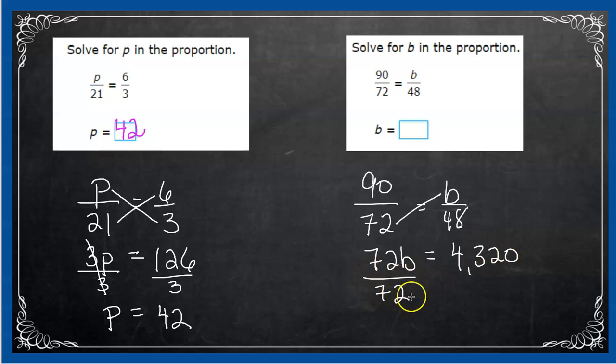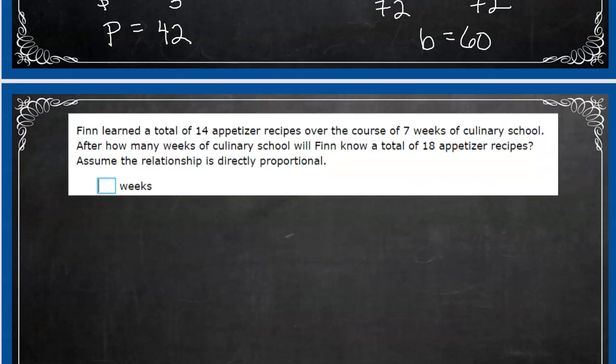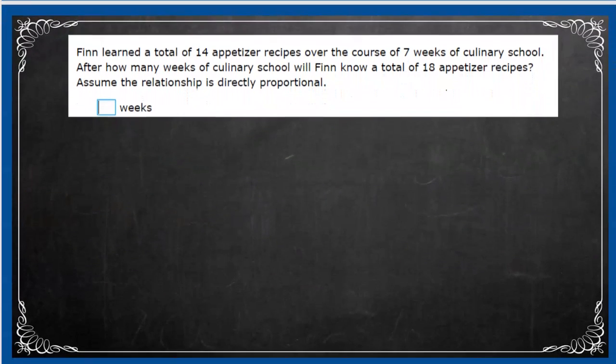Divide by 72. And that would be 60. B equals 60. So just a reminder, using cross products to solve proportion problems. We've done this in a previous video. Now let's look at some word problems. We also did these in a previous video too.